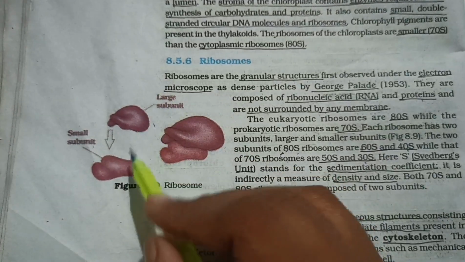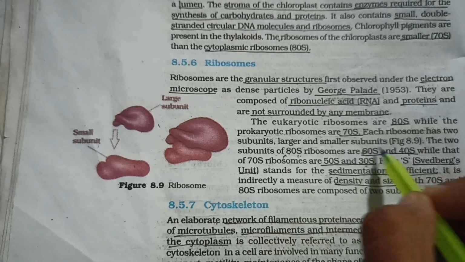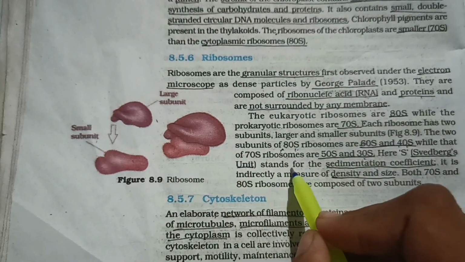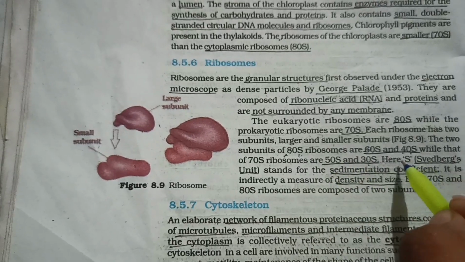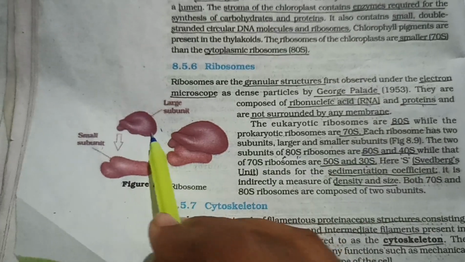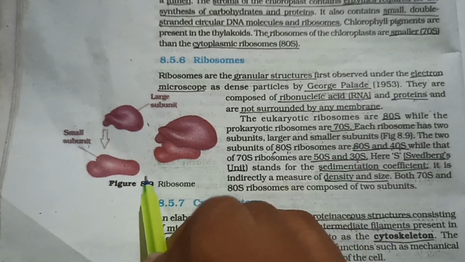For the 70S ribosome, the larger subunit is 50S and the smaller subunit is 30S.